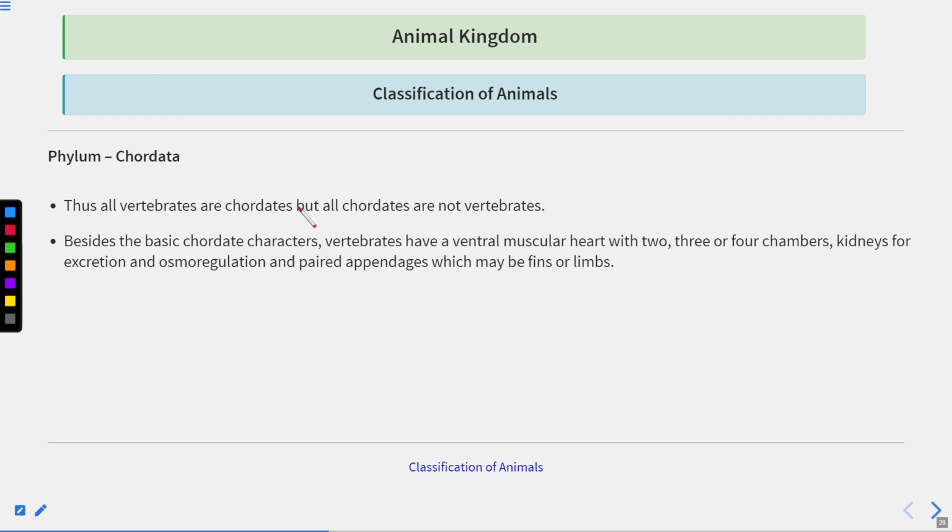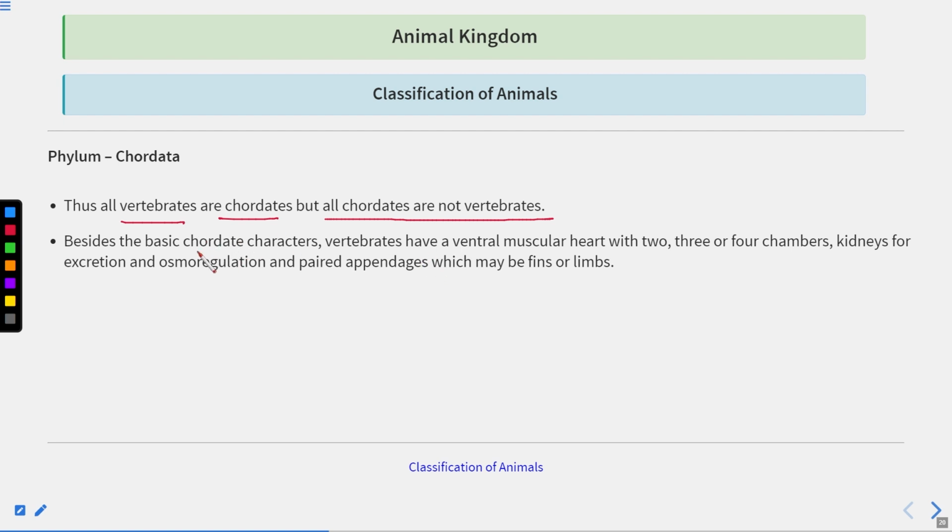Thus, all vertebrates are chordates, but all chordates are not vertebrates. Urochordata and Cephalochordata do not have this feature, so they cannot be kept in the vertebrata. So vertebrata is very, very different.